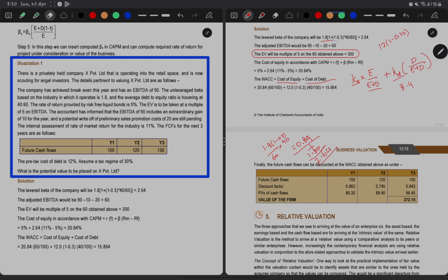That's what they have also found out using the formula. So the formula will be nothing but unlevered beta multiplied by 1 plus (1 minus tax rate) multiplied by debt equity ratio. That's it. So 2.64, using this we can apply in the CAPM formula and then find out the cost of equity.